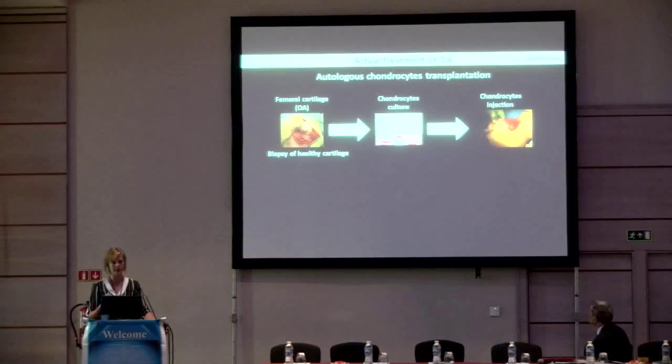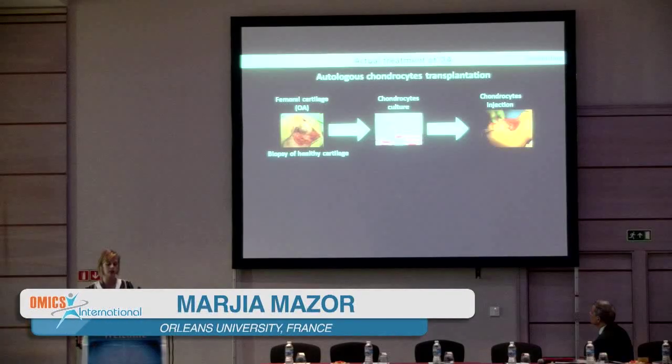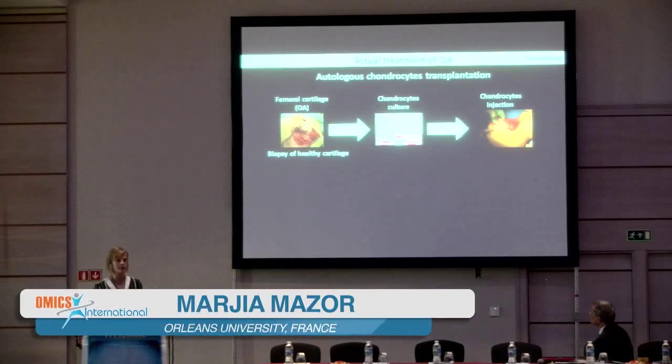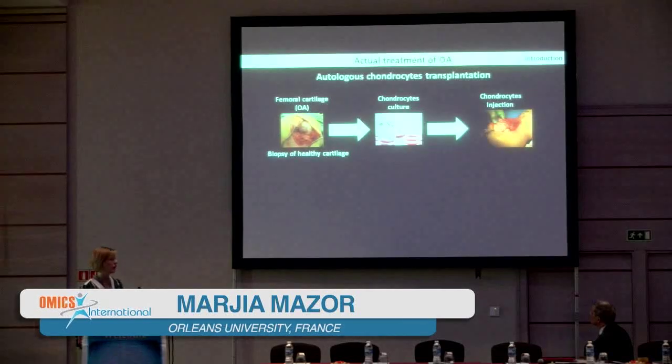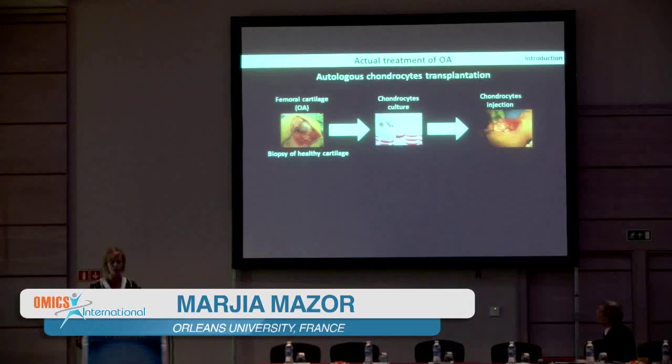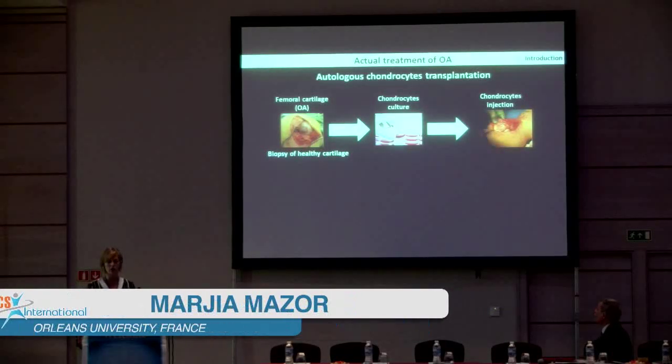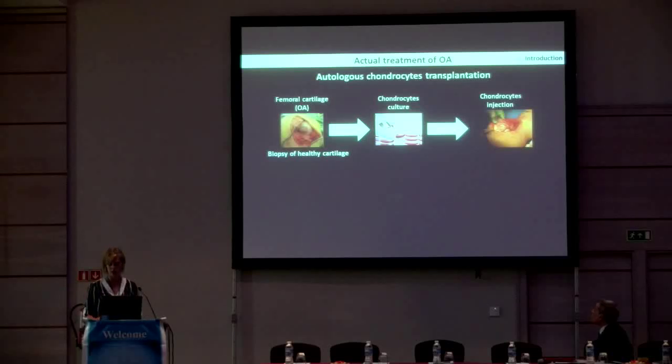They isolate this tissue. Then from that tissue, they isolate the chondrocytes, which are the specific cell type of the cartilage. They proliferate them in cell culture, and then they inject them back into the damaged area of the cartilage. It's autologous, meaning in the same patient.